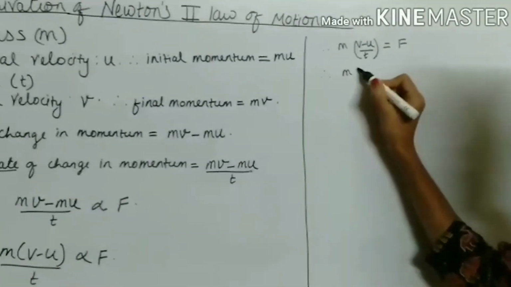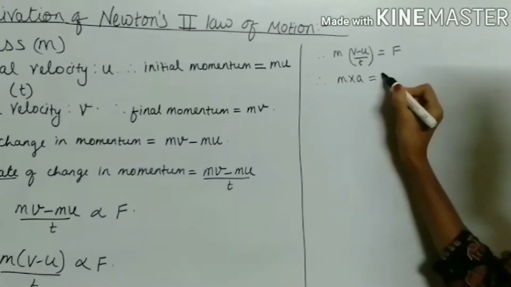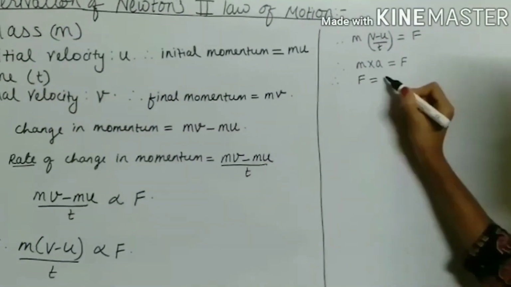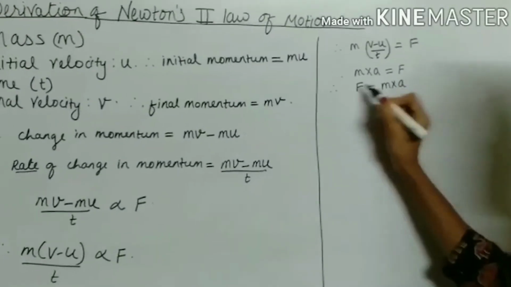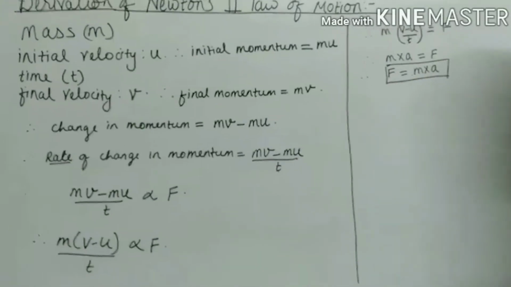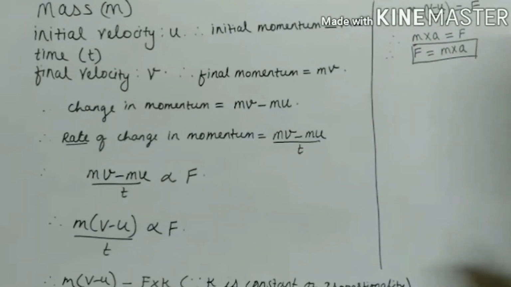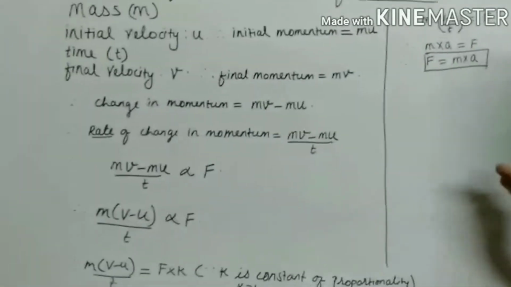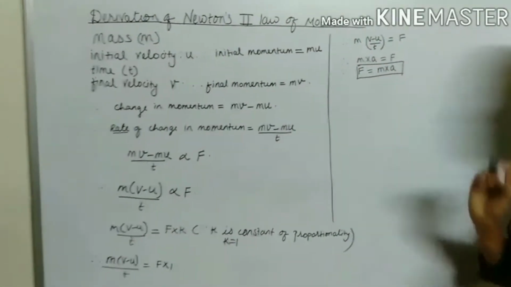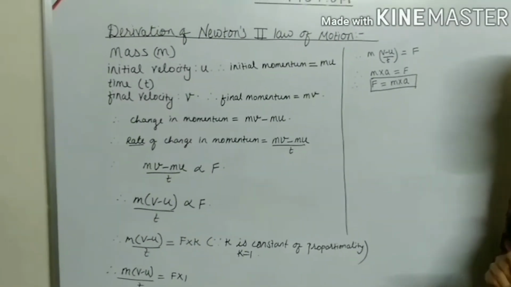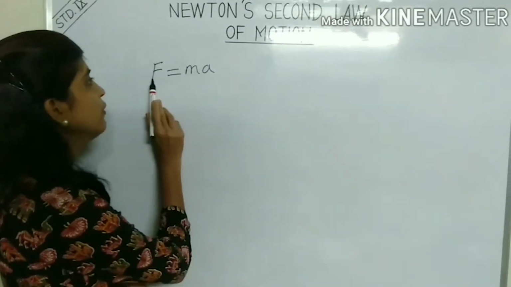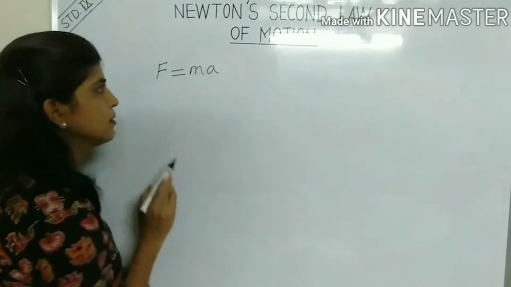So, m into a is equal to F. Thus, we have derived that force is equal to mass into acceleration. Okay, is that clear to you? So, whenever you are asked to derive the mathematical expression for Newton's second law of motion, this is what you have to derive. Is that clear to you? So, according to Newton's second law of motion, we have force is equal to mass into acceleration.